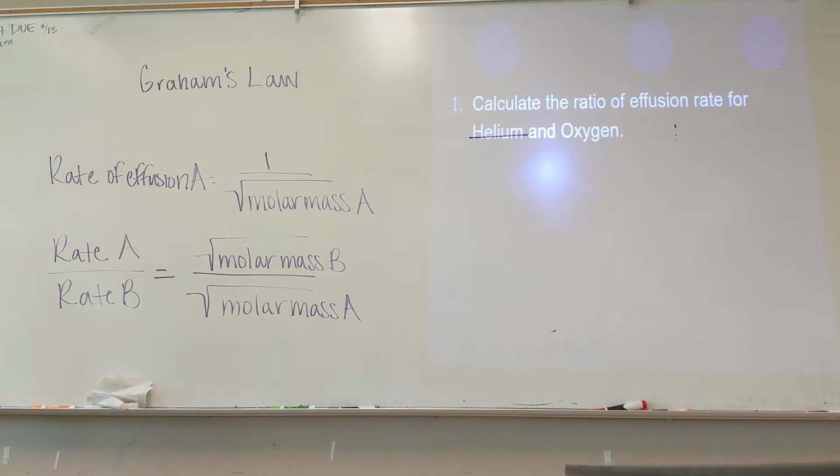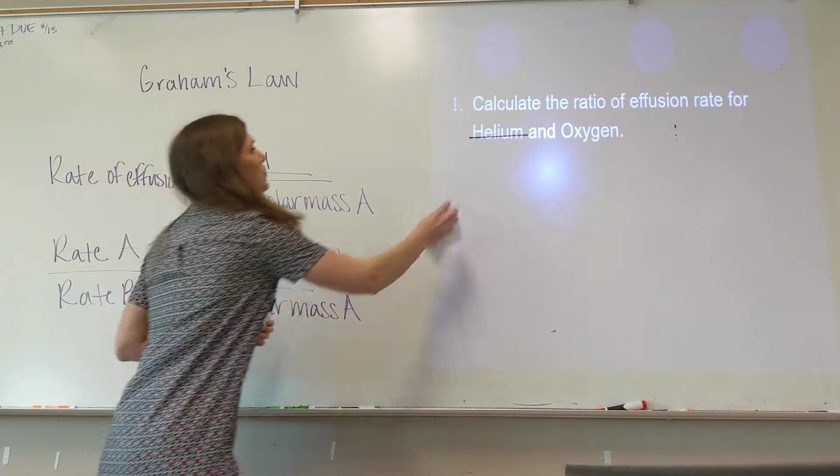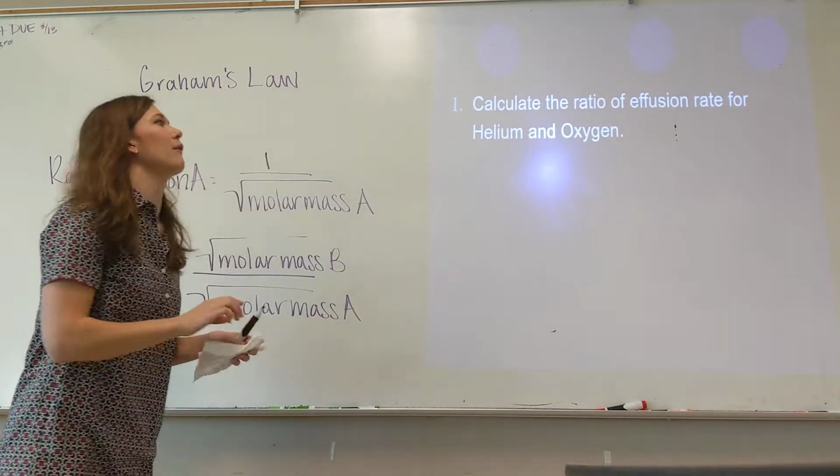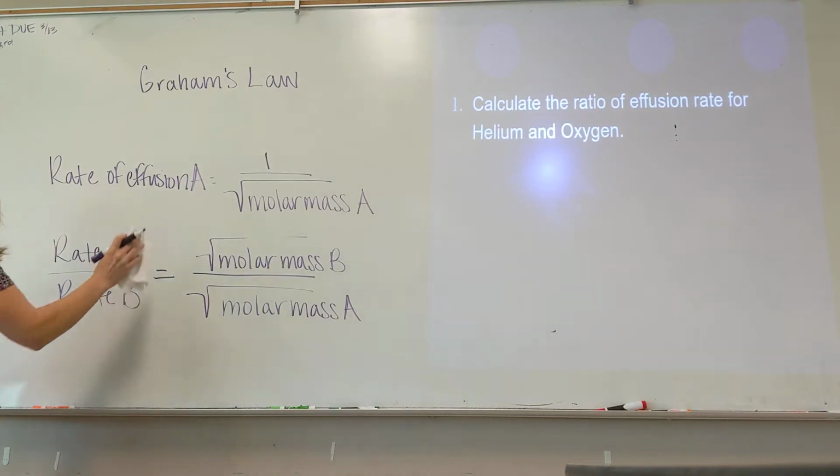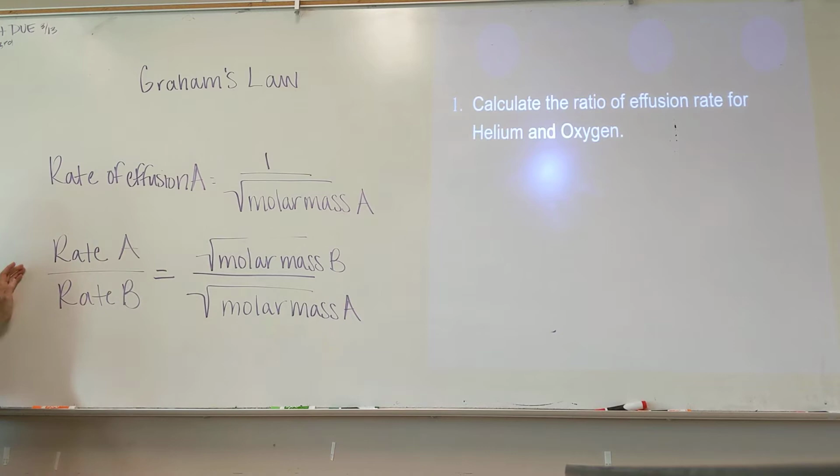All right, first question we have is to calculate the ratio of effusion rates for helium to oxygen. So I'm going to rearrange my equation so that I don't have gas A and gas B. Now I'm going to have helium and oxygen.